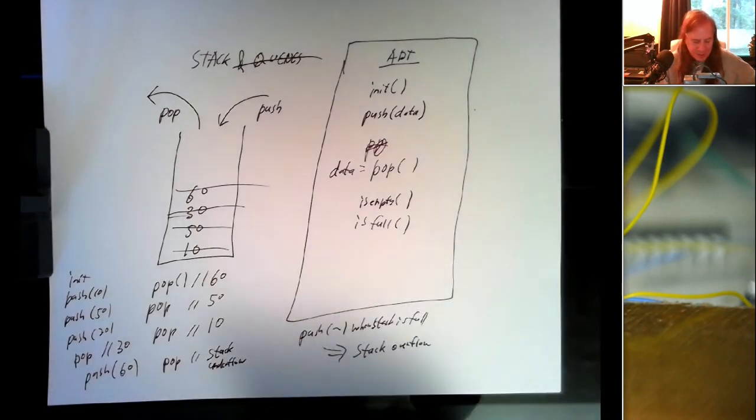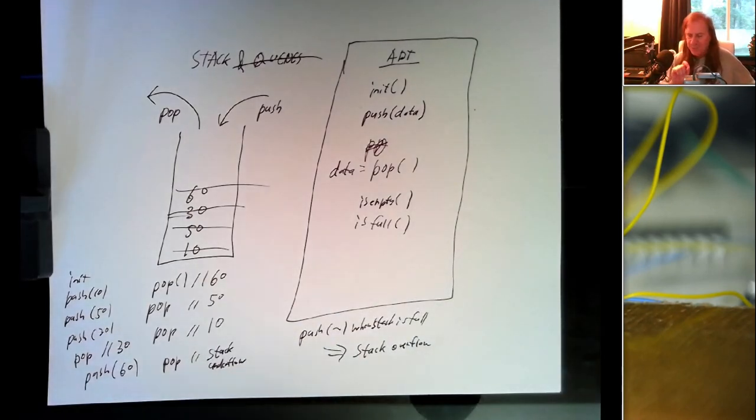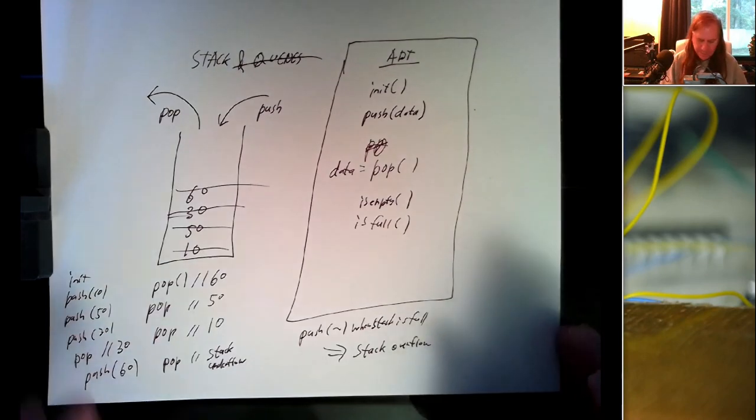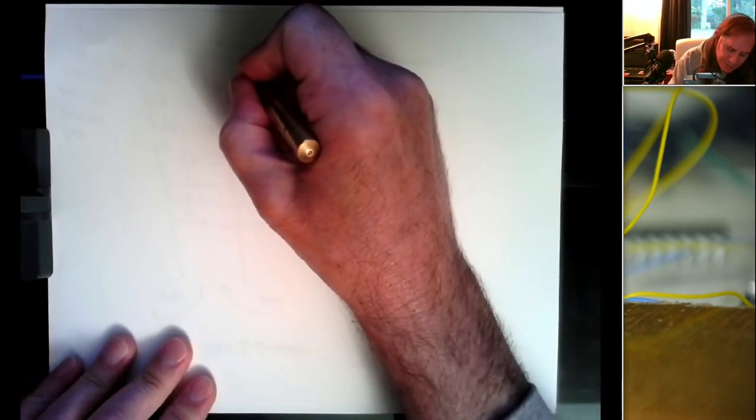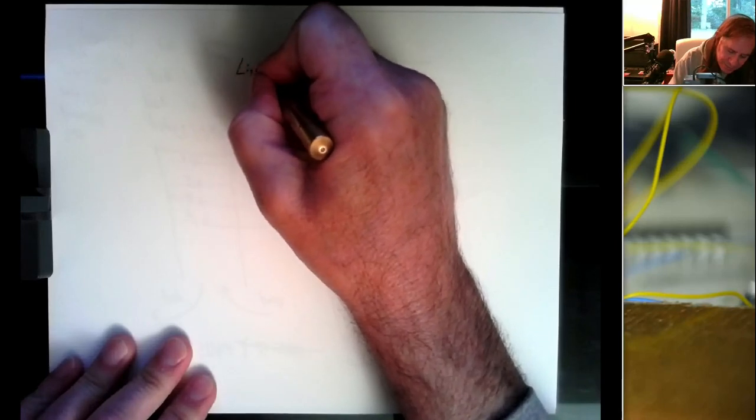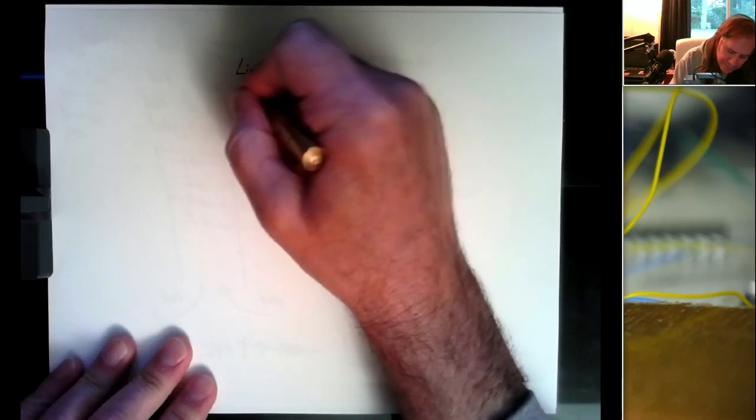Let's look at implementation of a stack, so the specific ways we can make a stack work inside a computer. And we've got a pair of options for doing that. The easiest way with what we know so far is to use a linked list. So suppose we have a linked list. Well, our initialize function is just the plain old init that we do for our linked list.